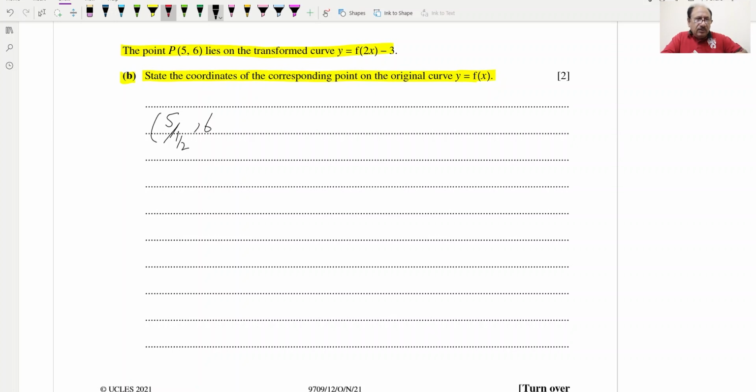Basically we can start with the given point 5 and 6, and this will be transformed by f of 2x, which is basically a horizontal compression by scale factor 2, so 5 will be divided by 1 by 2 and 6 will remain as it is.